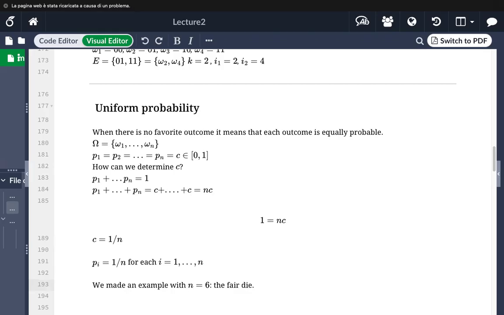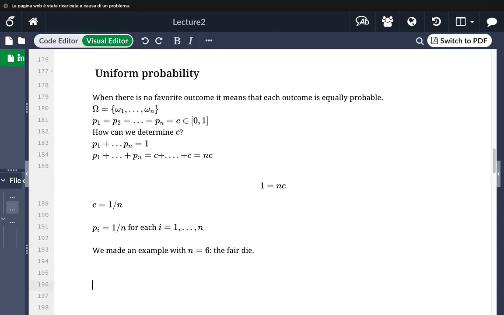So what is the probability of an event in general?